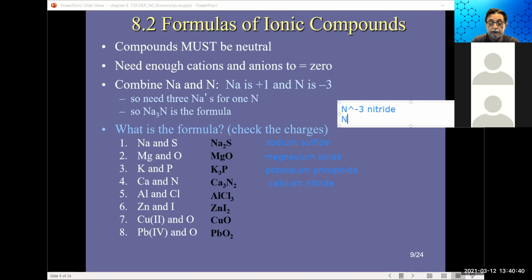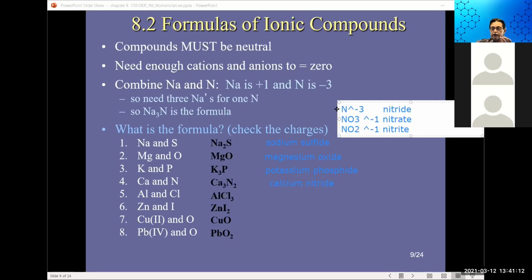Then NO3 with a -1 charge is nitrate, and NO2 with a -1 charge is the polyatomic ion nitrite. Let me see if I line up the naming. The IDE, the NIT tells you nitrogen.